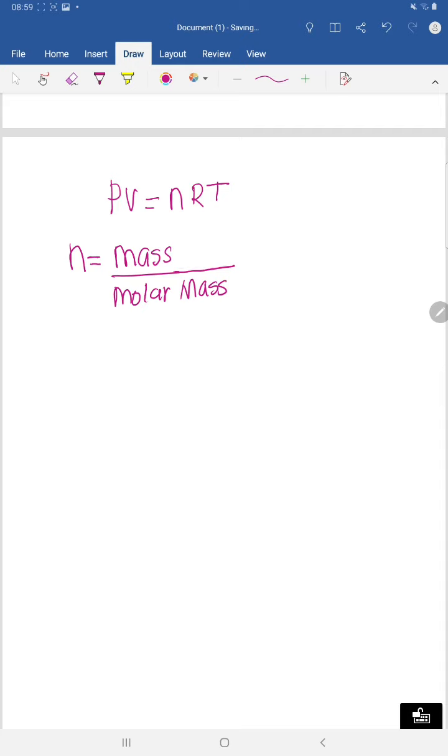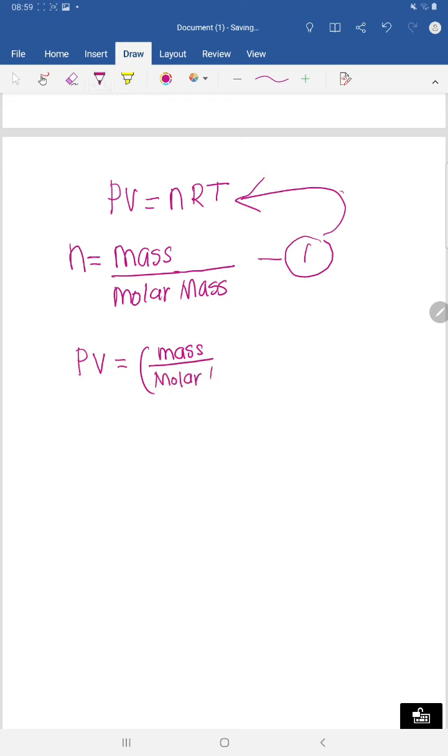So I substitute this expression for number of mole into my ideal gas equation, replacing the number of mole with mass over molar mass.